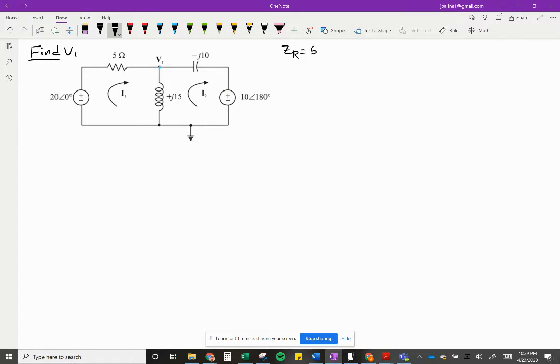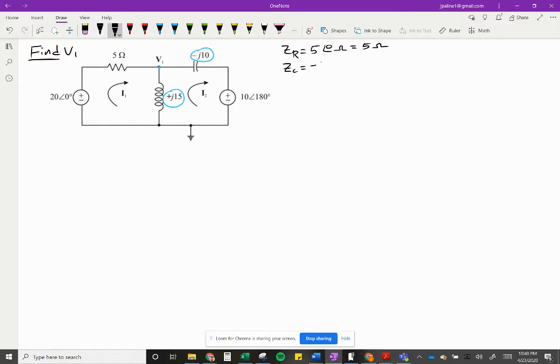The top and side here, 5 angle 0 ohms, is just the same thing as saying 5 for Z of C. Notice here and there, they already have them in the rectangular form, so they give that to you ahead of time, which is very useful for us.